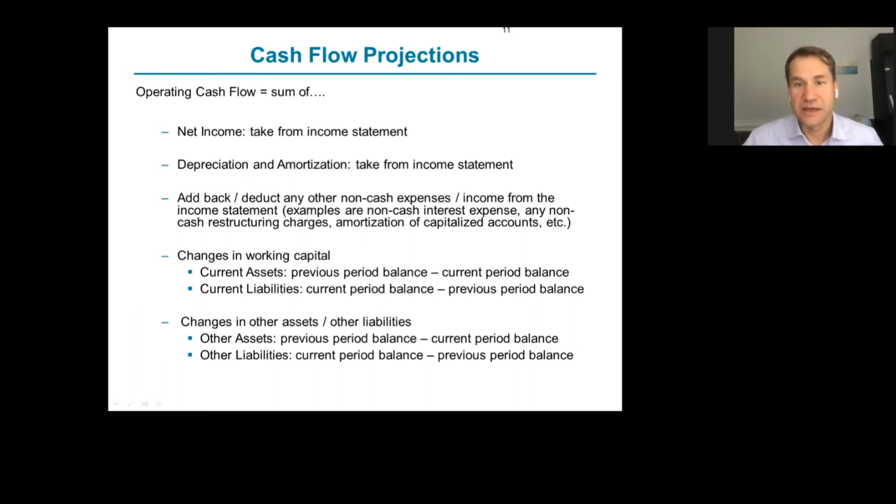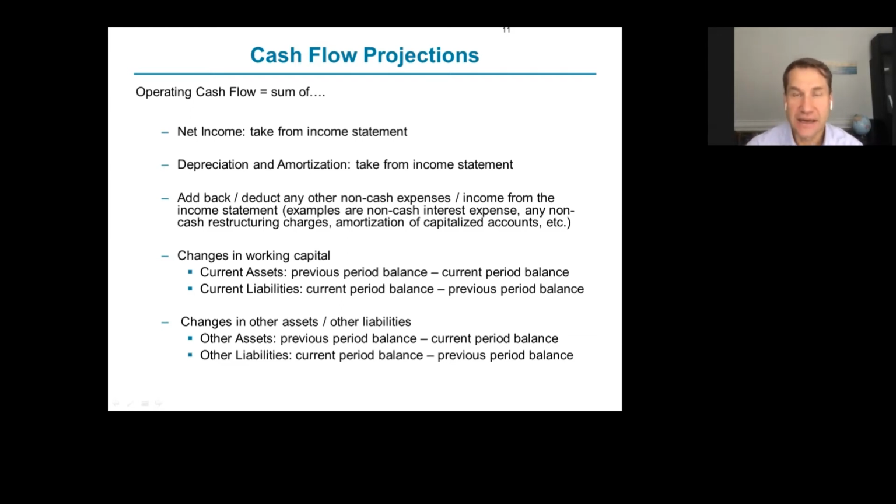And similarly, if there are any other non-cash items, we would also add them back. And you'll see later in LBO analysis, we will have non-cash interest expense, or sometimes there are non-recurring items, or management stock compensation. And these are all things that are added back.